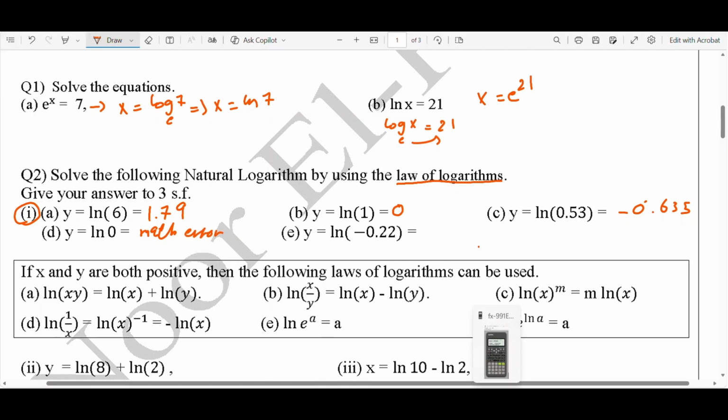And the last one, y equals ln of negative 0.22. What is the answer? I'm sure you're going to tell me it will also be math error.